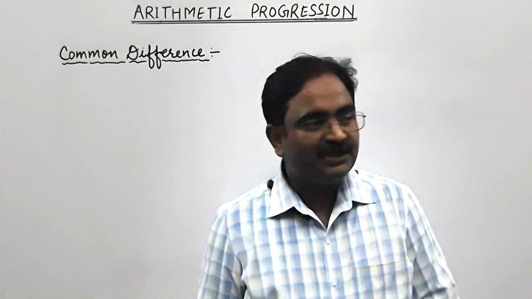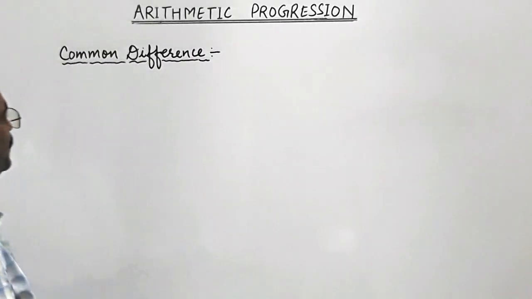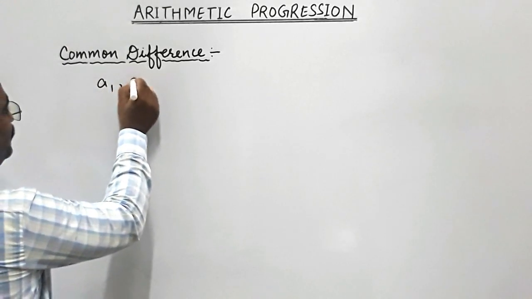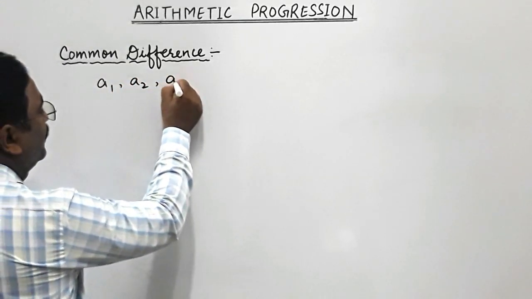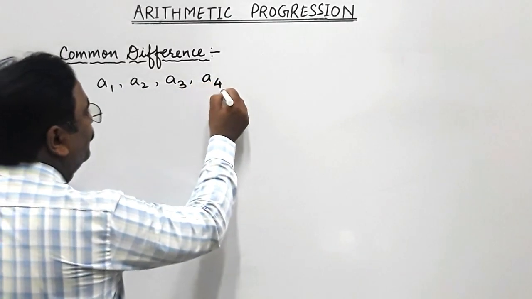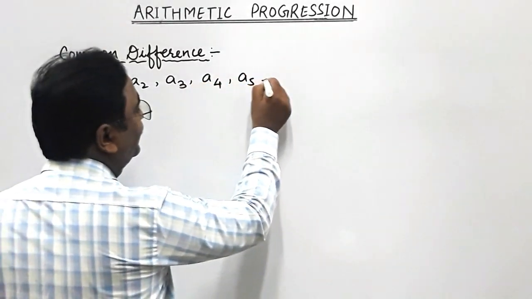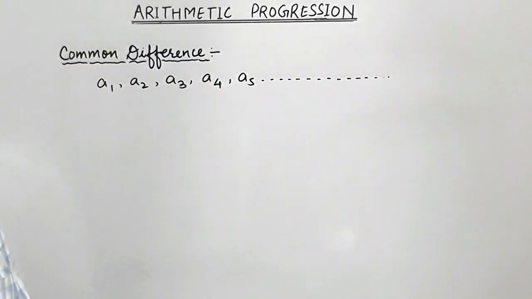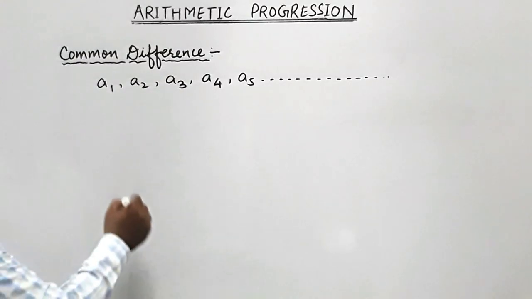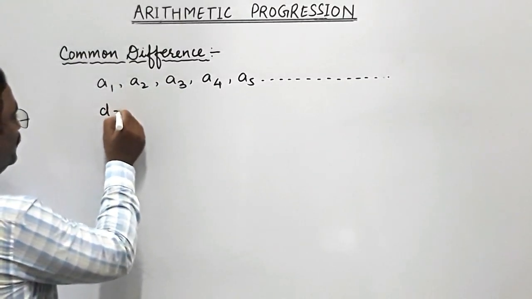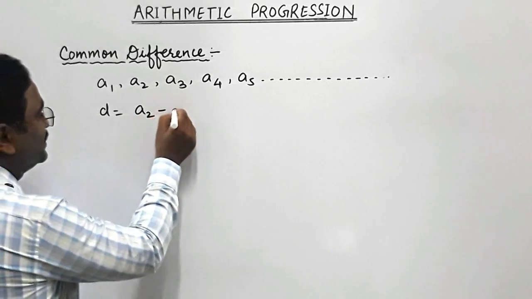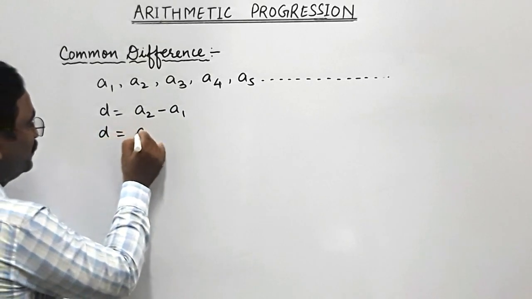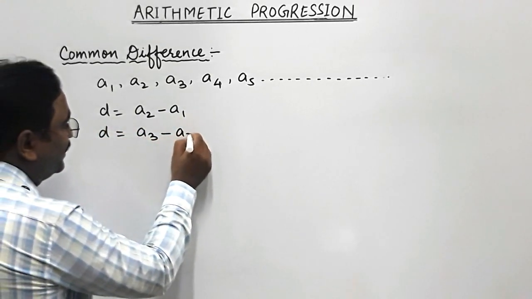As you have read, for this series a1, a2, a3, a4, a5, etc., which is an arithmetic progression, the common difference d is equal to a2 minus a1, and this common difference is equal to a3 minus a2.